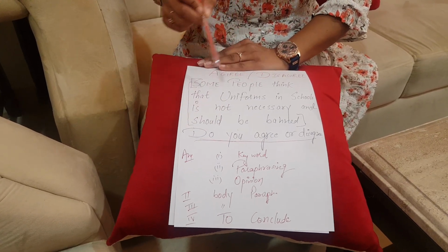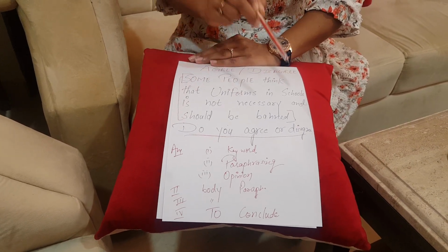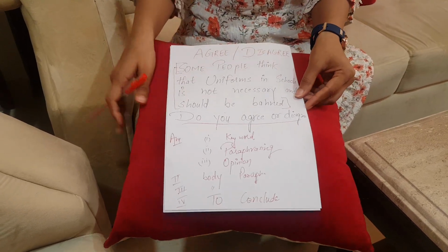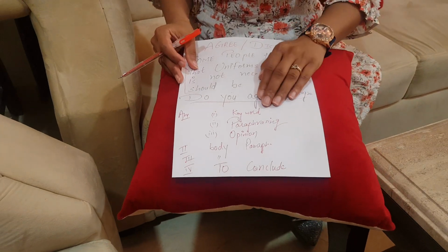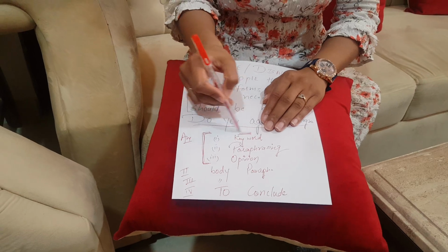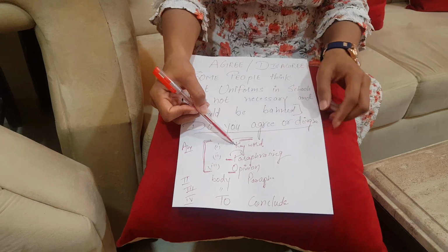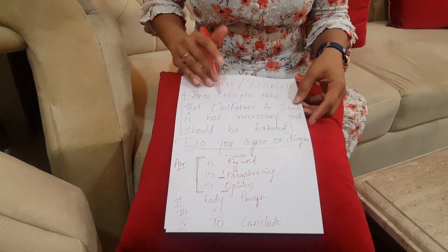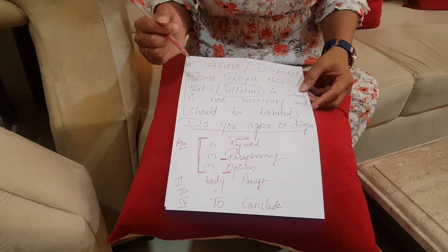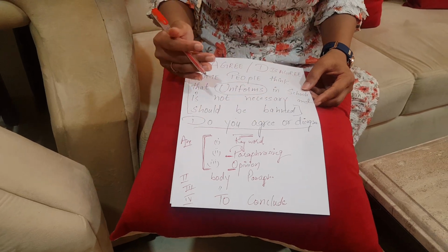Some people think that uniform in schools is not necessary and should be banned. The basic structure is same. The first paragraph is a combination of three things: keyword, paraphrasing, opinion. Now, what is the keyword here? The keyword here is uniform. This is the crux of the question, the crux of the essay, where everything revolves around.